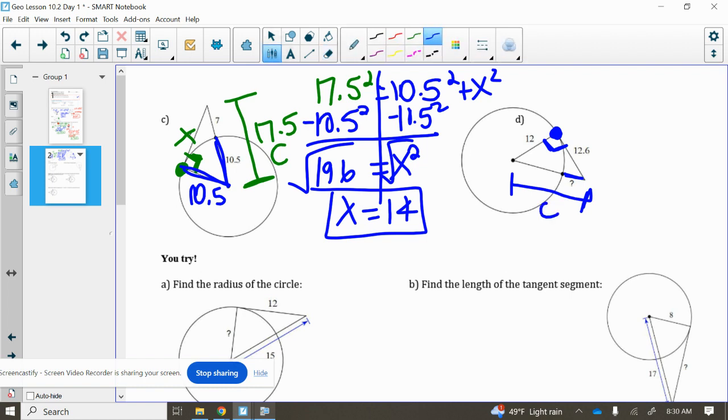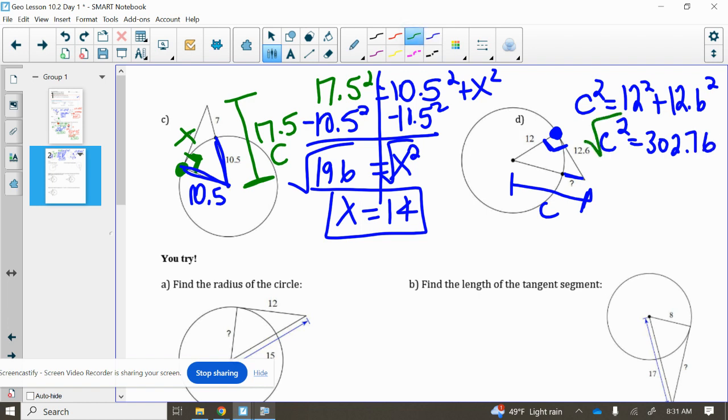So in order to find that final question mark, we still need that hypotenuse first. So our hypotenuse squared is going to equal the A squared plus the B squared, which are both being given. So add those two together, we get 302.76. And when we square root, our whole hypotenuse ends up being 17.4.